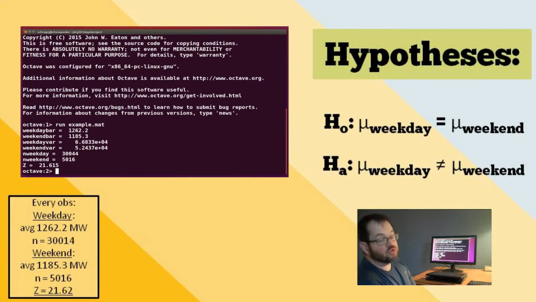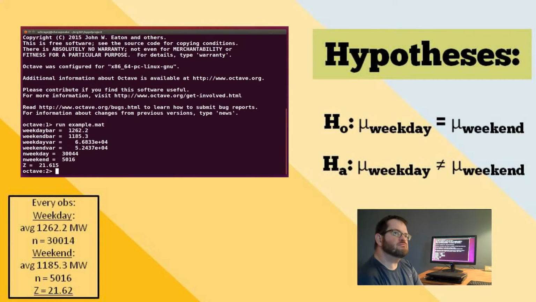We apparently are using less electricity on the weekend than on the weekday. You can see that there are 30,044 observations on the weekdays, and 5,000 observations on the weekend. And the result is that the value of the Z statistic is 21.61. That's a big value of Z.